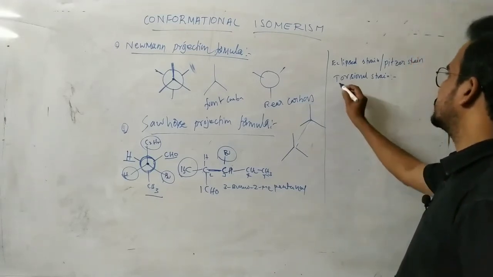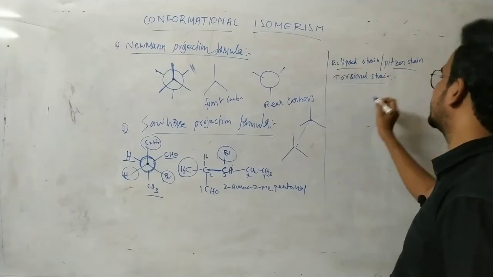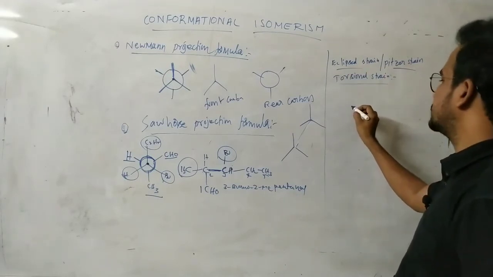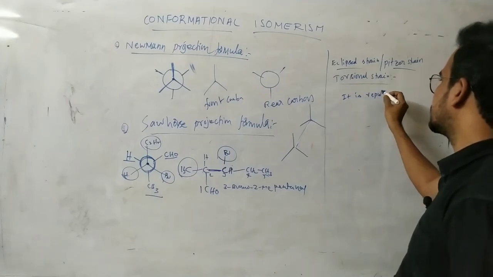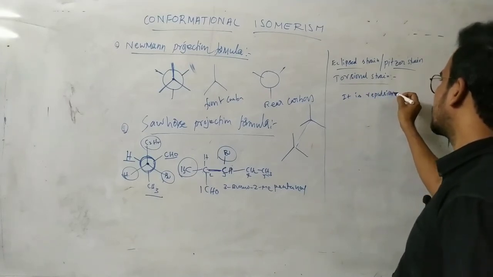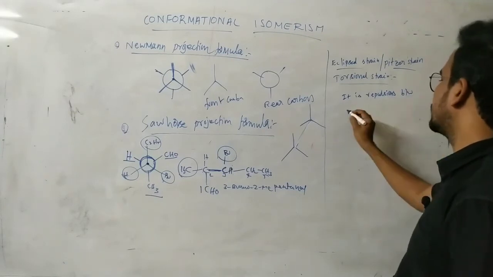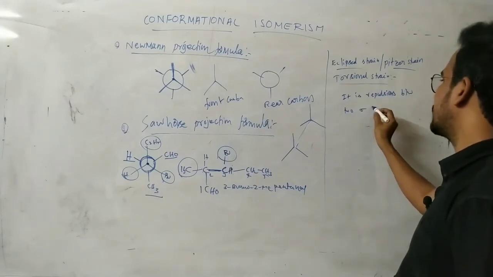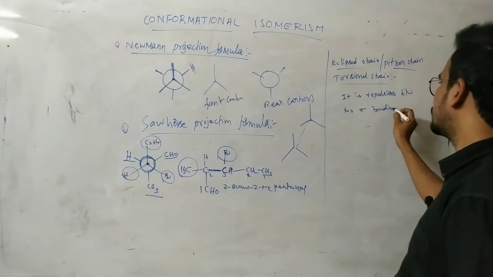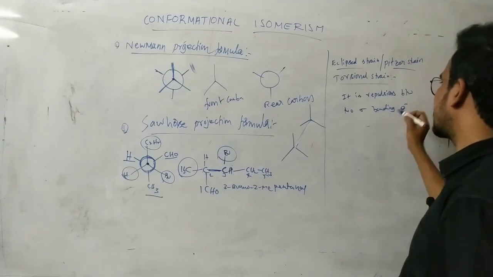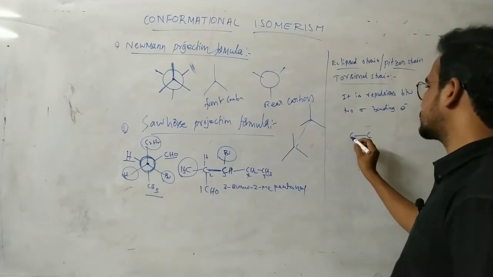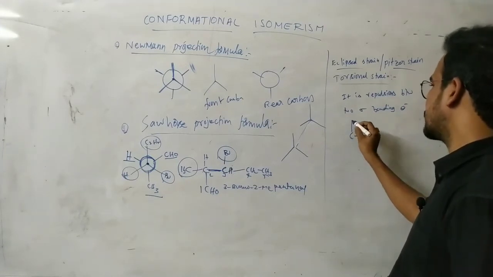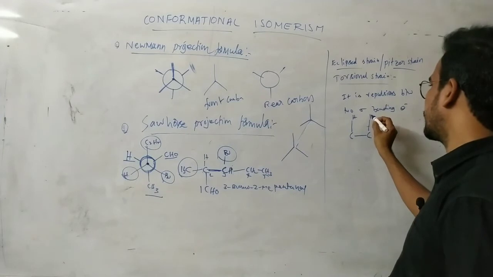So this means, suppose, it is a repulsion between two sigma bonds, two sigma bonding electrons. That means this is the carbon bond, this is a carbon. Suppose front carbon, this is a rear carbon. This is one bond, this is one bond.